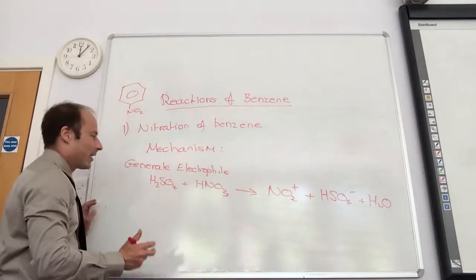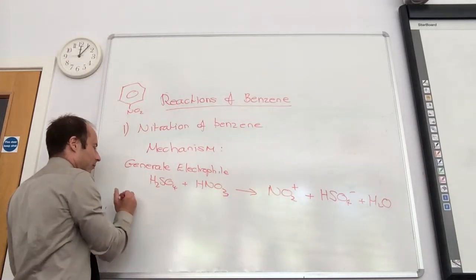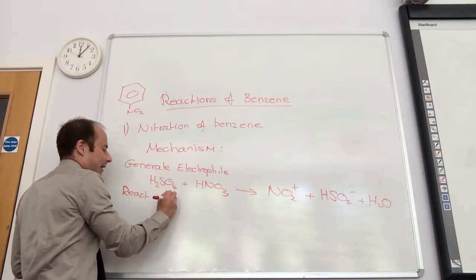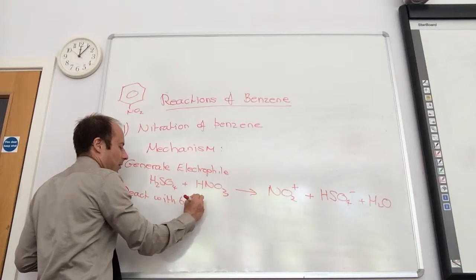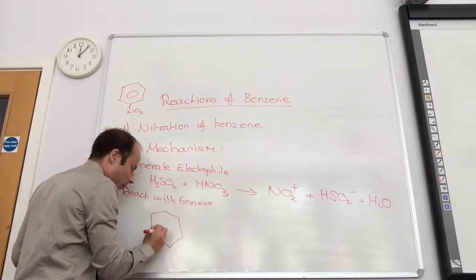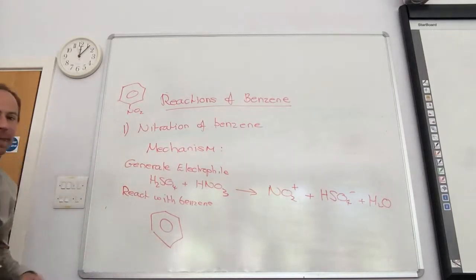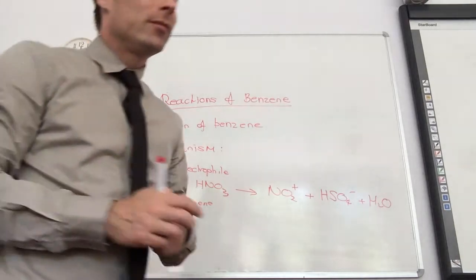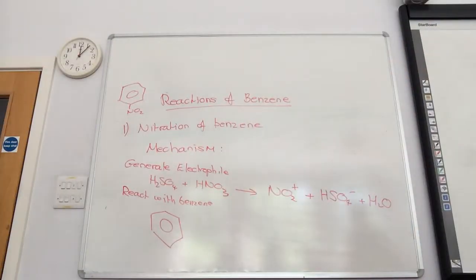So how can this react with benzene? I've generated my electrophile, I'm now going to react it with benzene. So here's little benzene, little circle. In comes my NO2 plus.